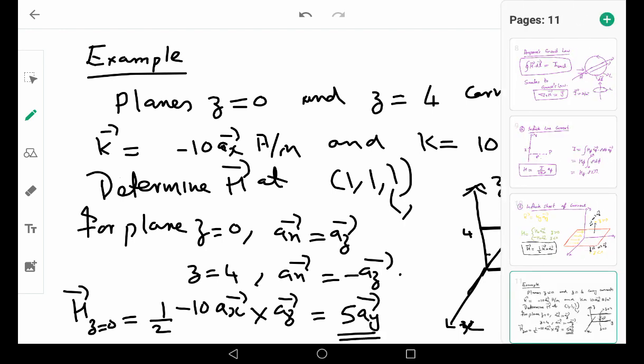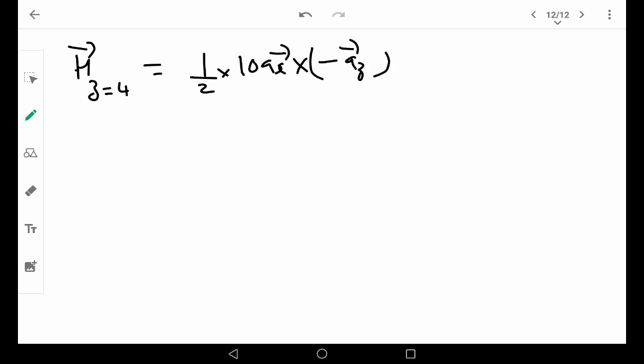Similarly, for the second case, for the plane z equal to 4, it is half of K. K is 10 aX cross minus aZ. So half of 10 is 5, so I can write it as 5 aY.